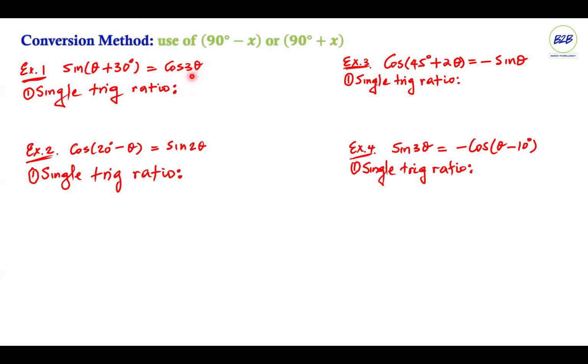In this case, 3 theta seems to be a simpler angle compared to theta plus 30 degrees. 3 theta seems to be a bit simpler than the second angle. Then that means, based on my recommendation, let us therefore convert cos into sine.